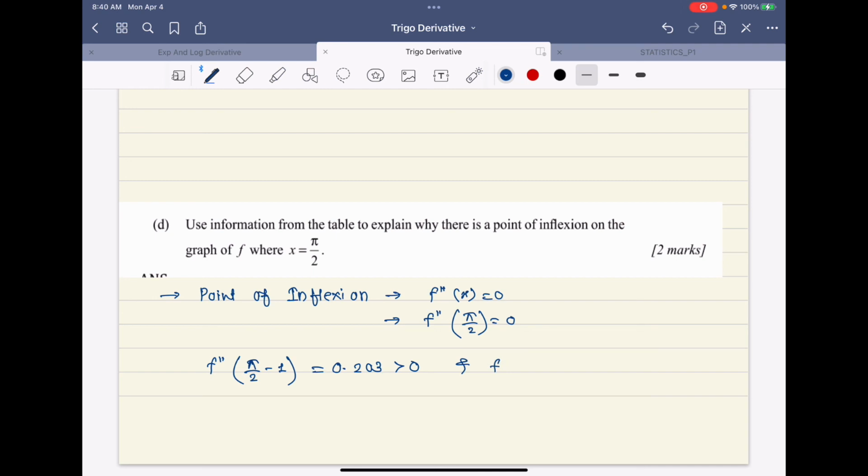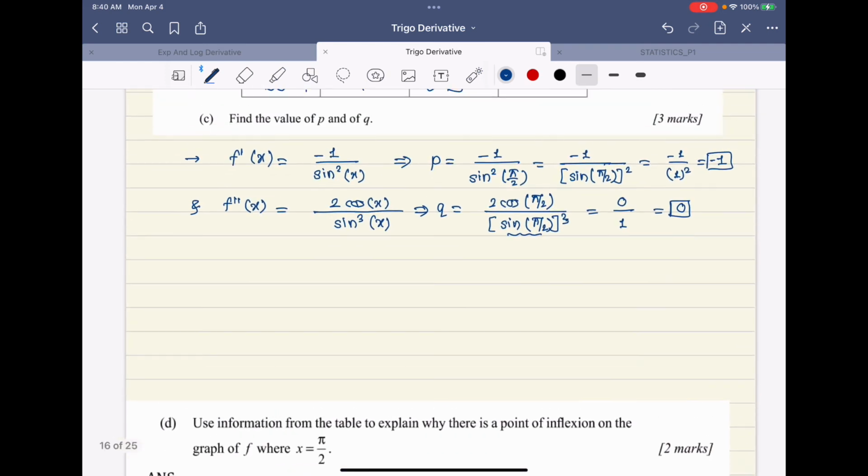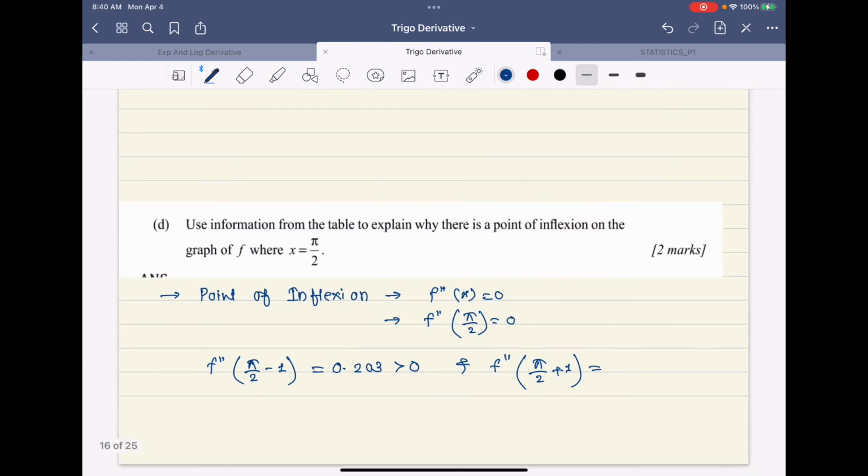And after pi by 2, that is f double dash at pi by 2 plus 0.1 is negative 0.203, which is less than 0. You see a sign change, therefore x equal to pi by 2 is a point of inflection.